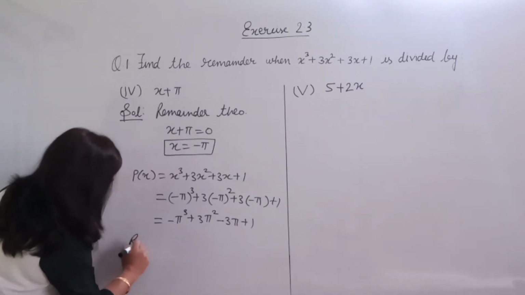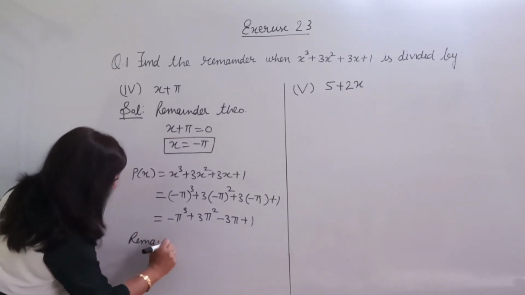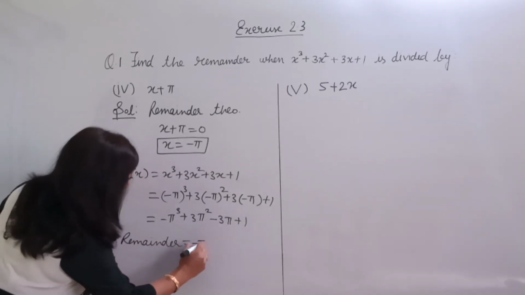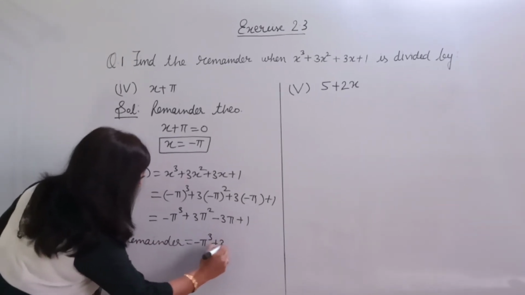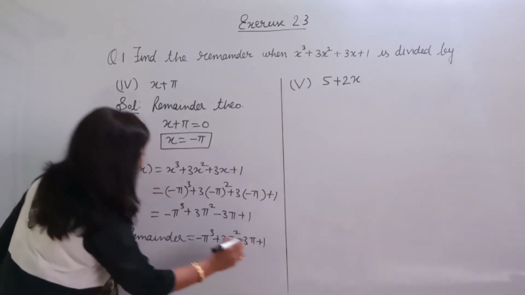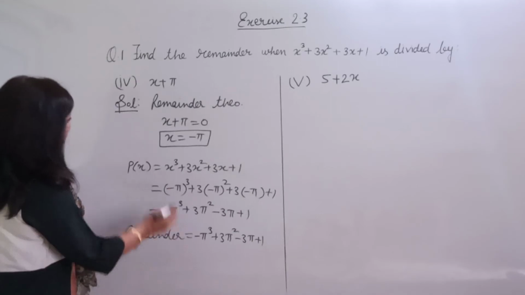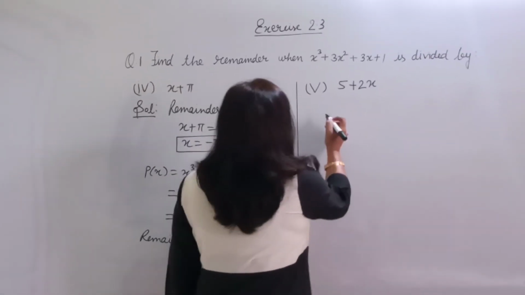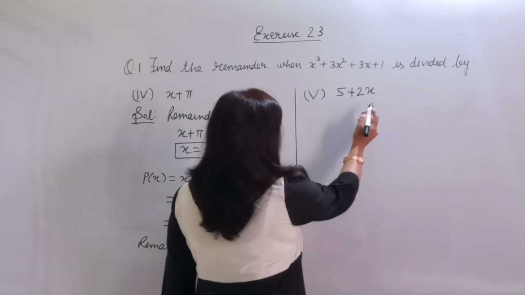So our remainder is equal to minus pi cube plus 3 pi square minus 3 pi plus 1. So this is the final answer of this fourth part. Now we will move on to the fifth part. So our fifth part is 5 plus 2x.